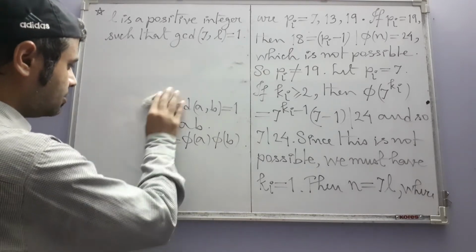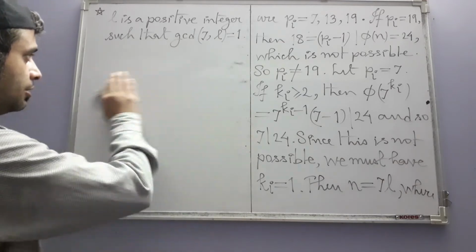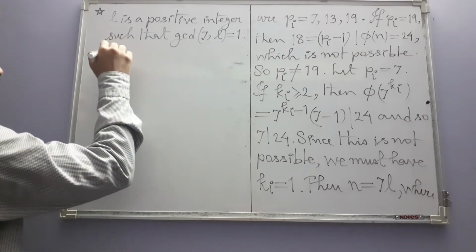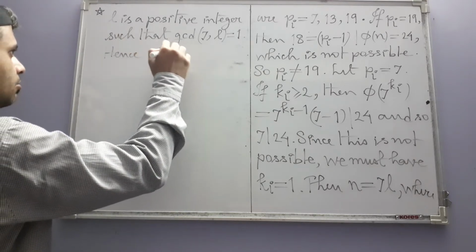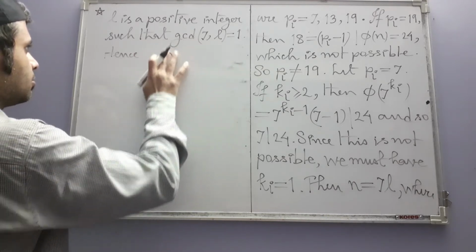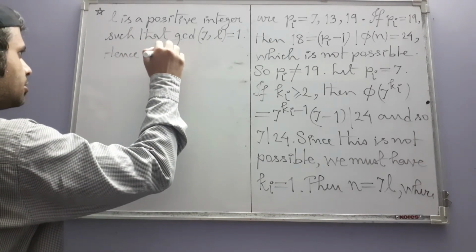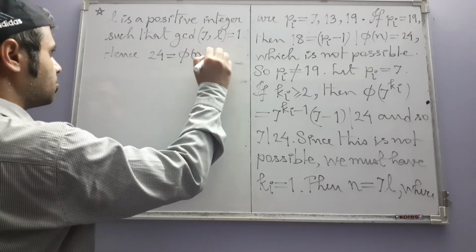Okay, so that means now our job is reduced in this sense. Hence, phi of n equal to, we can at once use the condition that phi of n is being taken to be 24.